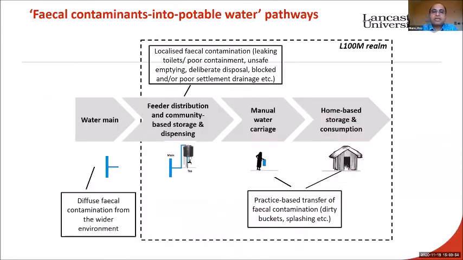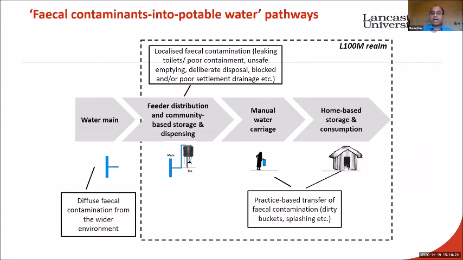Okay, the next diagram takes that into a bit of a mesoscale, settlement level. You can see a dotted rectangle showing the physical extent of a low-income settlement. How does the water come? Water comes from a main supply point. It enters the community through the feeder distribution network.